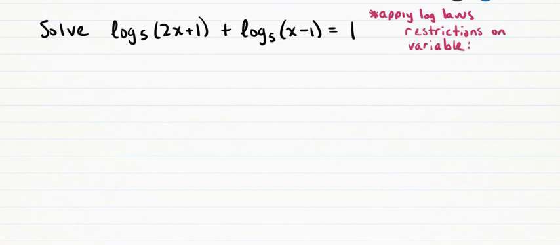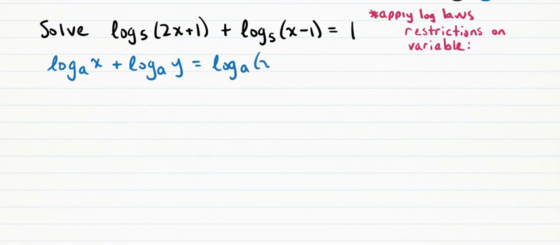We have a logarithm law that states that the log of any base a of, let's say, x plus the log of the same base of y is equal to the log of that same base a of x times y. So this is the product rule for logs. So we're going to use this logarithm law in order to solve this equation.